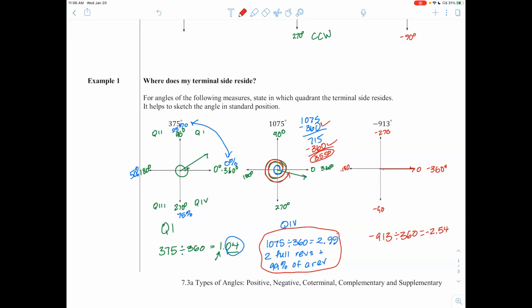So you would go back one negative rotation, two negative rotations, and then 54% of a negative rotation. So we'd have to come back 50% and then stop in quadrant 2. And so that one would look something like that.